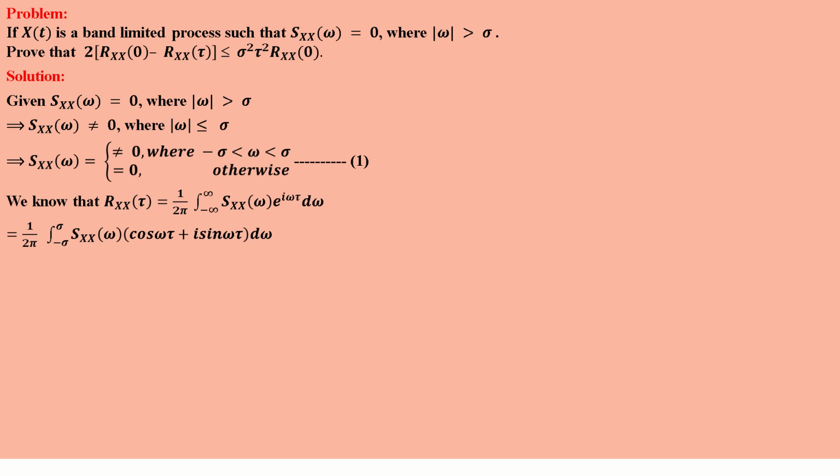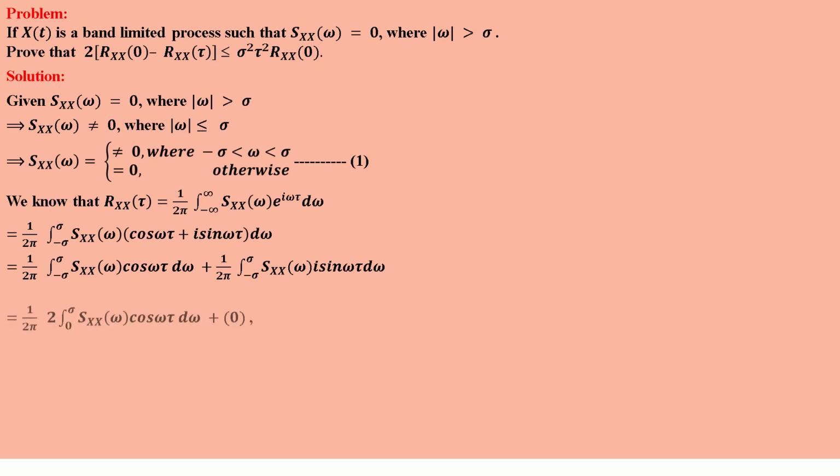Here e power i omega tau is equal to cos omega tau plus i sin omega tau. That is equal to 1 by 2 pi integral minus sigma to plus sigma Sxx of omega cos omega tau d omega plus 1 by 2 pi integral minus sigma to plus sigma Sxx of omega i sin omega tau d omega. We are splitting into two integrals.